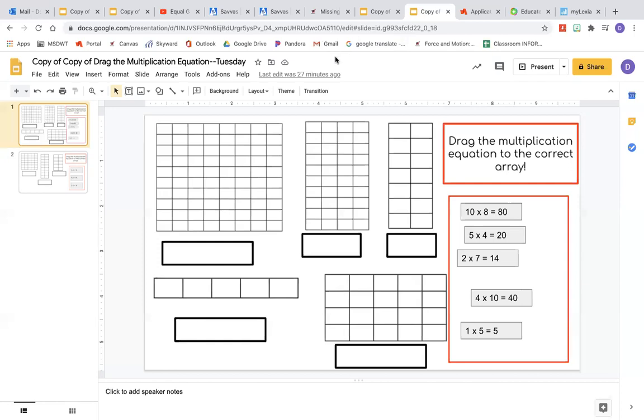How many rows do I have in this first big, gigantic array here? 1, 2, 3, 4, 5, 6, 7, 8, 9. How many rows do I have? That's a better way to say it. Sorry, the way I said it was confusing. How many rows do I have?